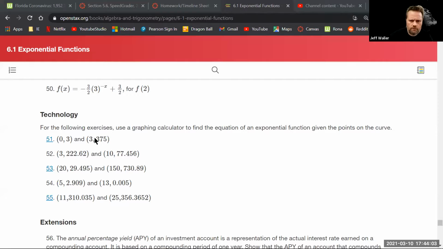Yeah, actually, I want to ask you more about the 51. So L1, the first input, should be like 1. Mine doesn't say 0. How can I change it? Go up to L1, hit the up arrow so that it's highlighting L1, and then hit clear.